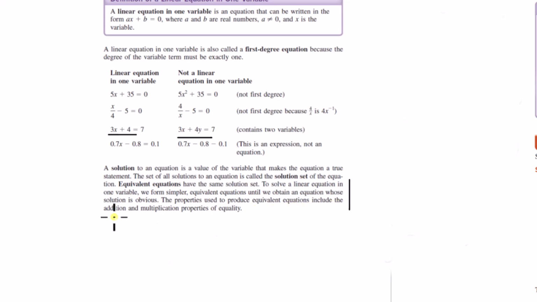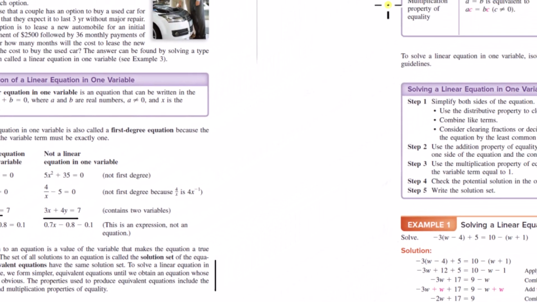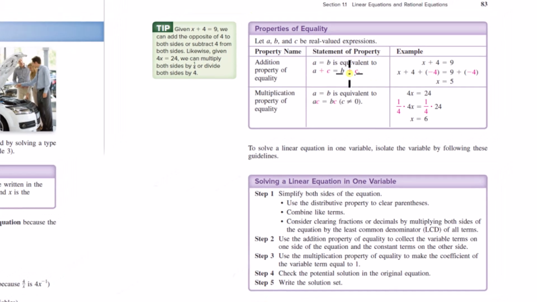That's the idea. So now, how do we produce these simpler equivalent equations? It says the properties used to produce equivalent equations include the addition and multiplication properties of equality. Let's see what they're talking about.